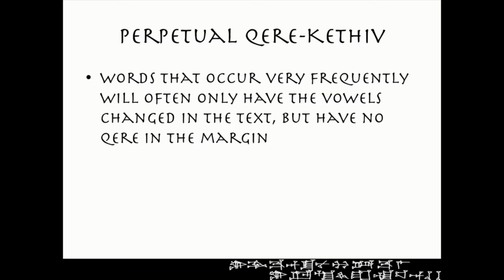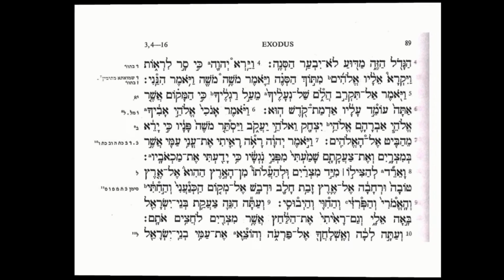So what they did is they just assumed that as a reader you would know that when you saw these words that appear over and over again that are a Qere Ketiv to the scribes, you would just know, oh, this is that really common word. The vowels don't go with these consonants in the text. So words that occur very frequently will often only have the vowels changed in the text, but have no Qere in the margin. Let's take a look.